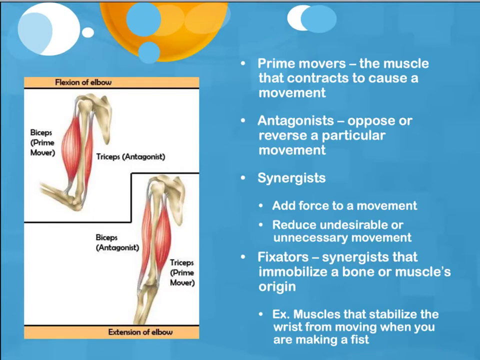So, for example, when you make a fist, you actually have muscles that are stabilizing your wrist bones so that they don't move. So if you were, say, punching a punching bag, you're making a fist and your whole arm tightens up. So you've got muscles around your wrists tightening up and stabilizing your wrist. They might be stabilizing your elbow, stabilizing your shoulder. So you've got lots of fixators happening in just that one movement.